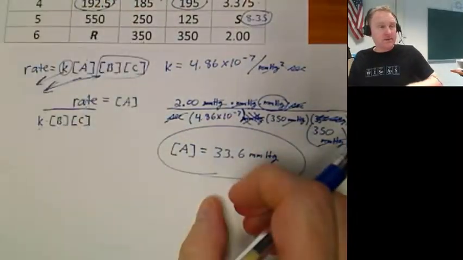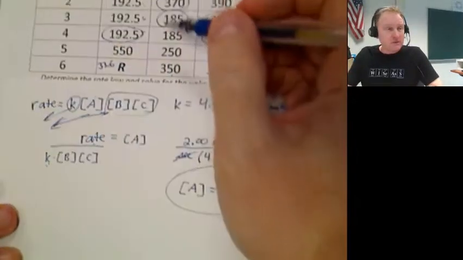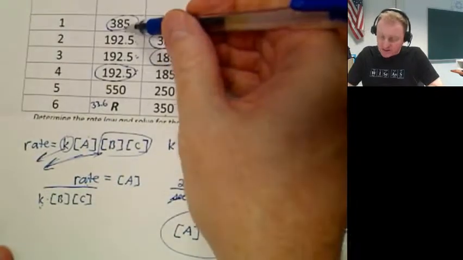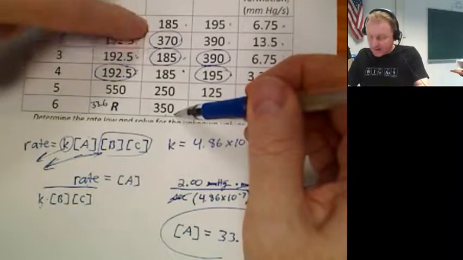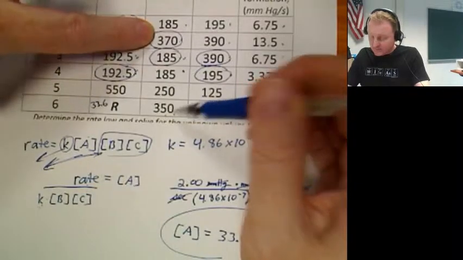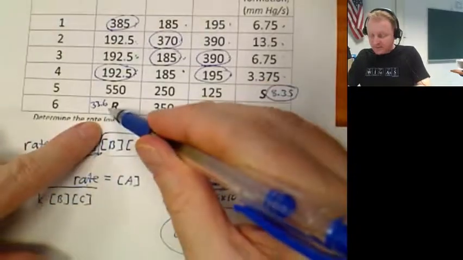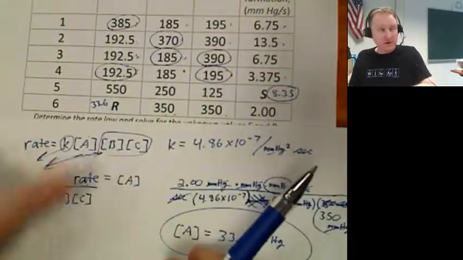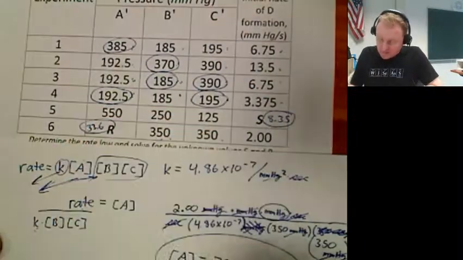Let's just take a look at that. Does that make a lot of sense here? 33.6 is a lot smaller than these ones. However, 350 is at the highest end of this, so these are much larger. If these are going to be larger, then that would have to be smaller because they're all constants, because they're all first order. So I'm okay with it.